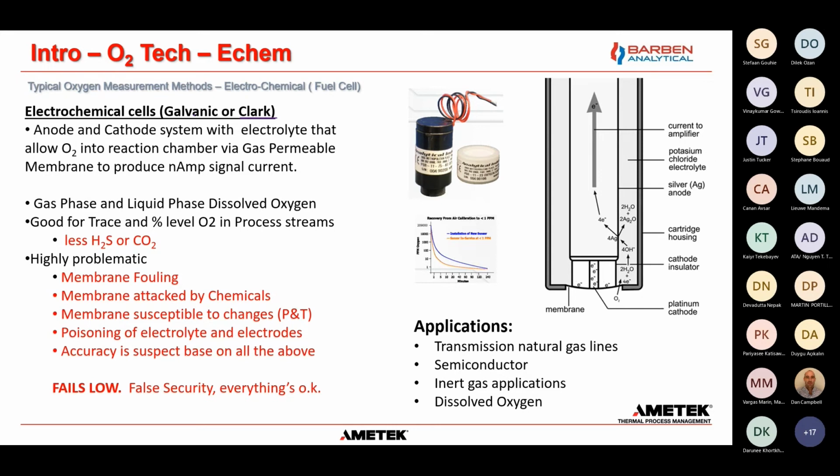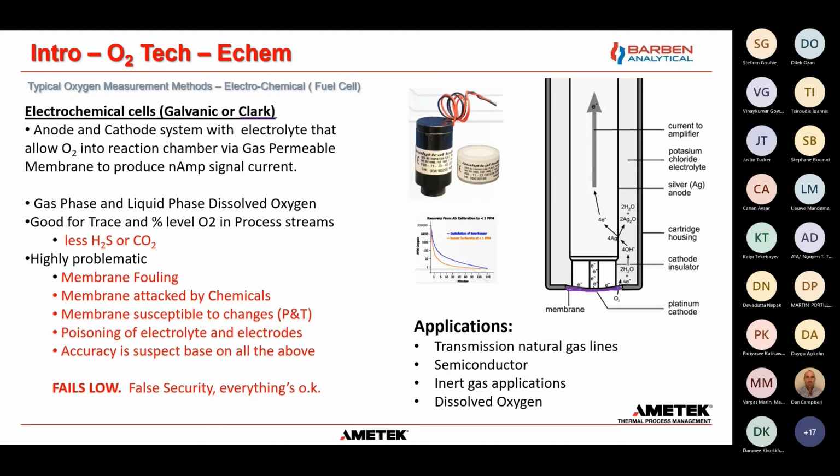However, they are all still based on an anode and cathode system with an electrolyte, and then also they depend upon a gas permeable membrane and then a reaction to produce a signal current. So as you see here, this is the membrane right here, and that is going to be a source of some pretty big pain for this device.